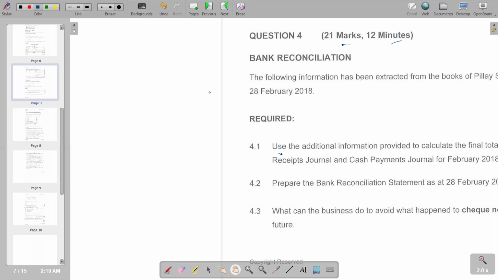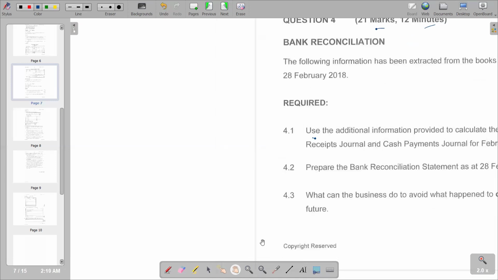If the balances of those two documents are different, it means there's a need for us to correct the errors by preparing the bank reconciliation statement. So the bank reconciliation statement reconciles the two balances so that they become the same. Very important for us to take note. And as we also correct the errors, remember using our bank reconciliation.